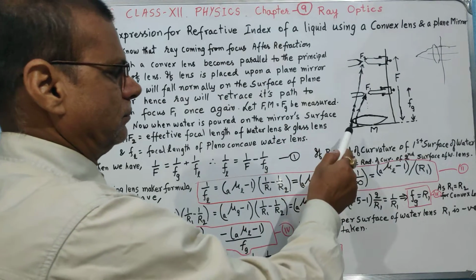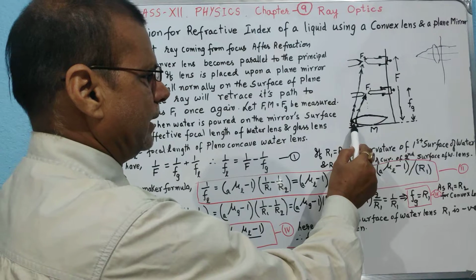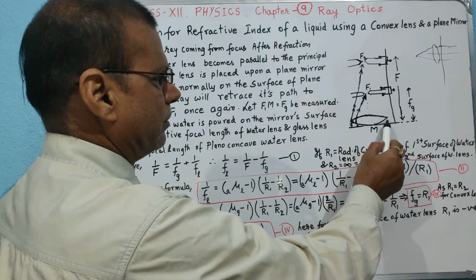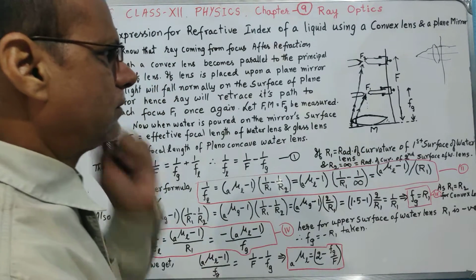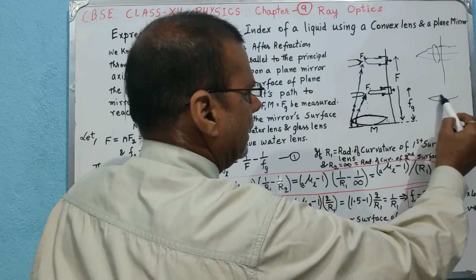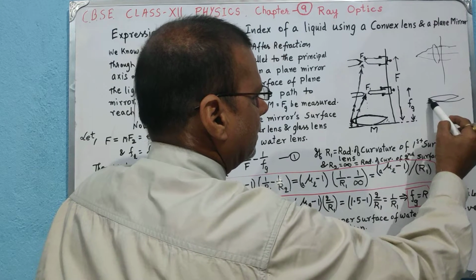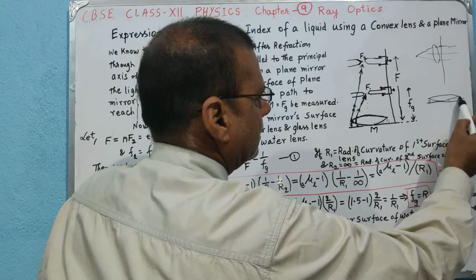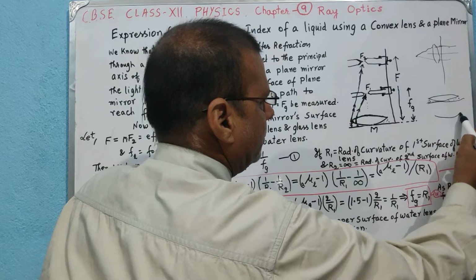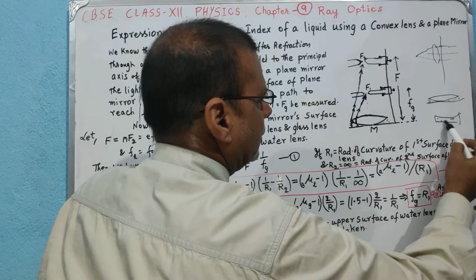Now in the second experiment, what we do is we place some water on the surface of the mirror so that the gap between the lens and the mirror is filled with water, and once it is done, a plano-concave lens of water is formed.